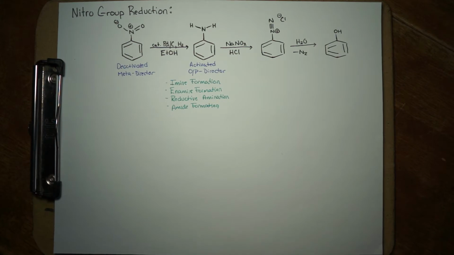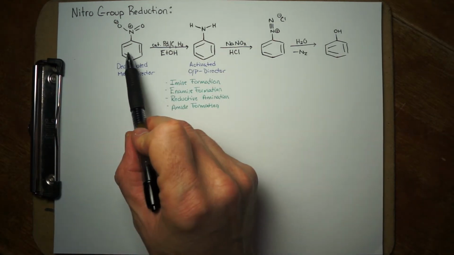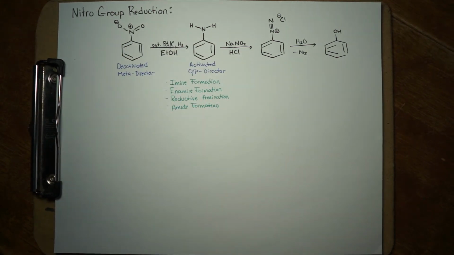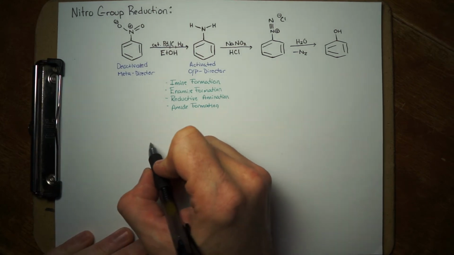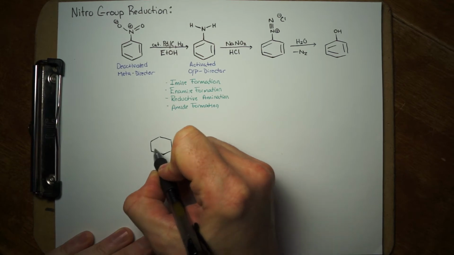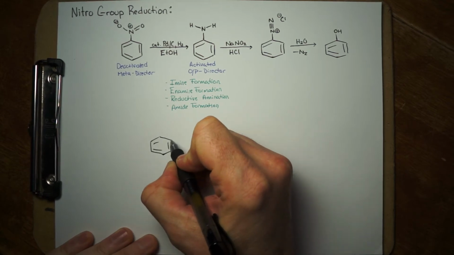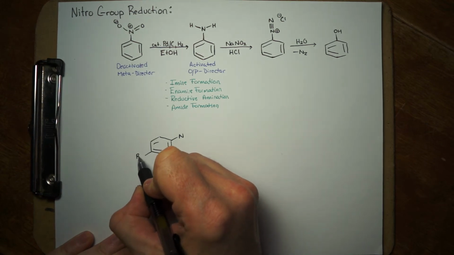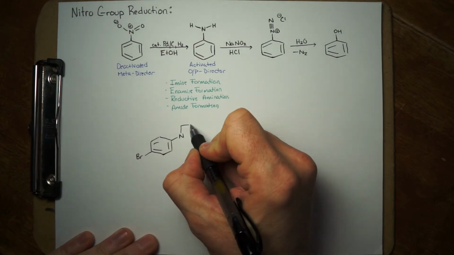What I want to look at is how we're going to take advantage of this nitro group to amine reduction to maybe make two different regioisomers of a compound. And so the two regioisomers that we're going to look at are both going to be amines, and both are going to have bromine atoms on them.